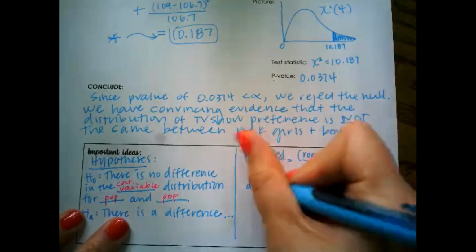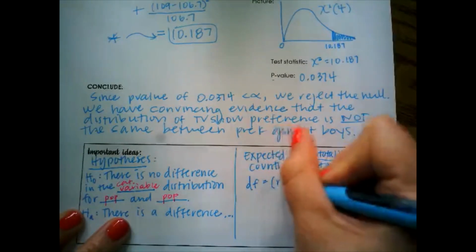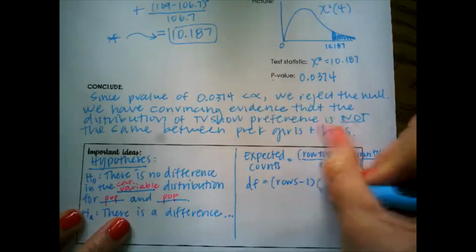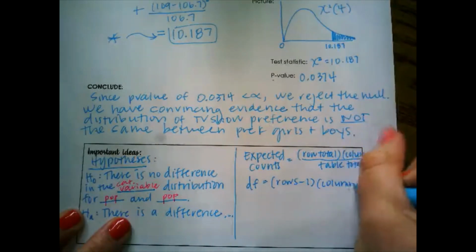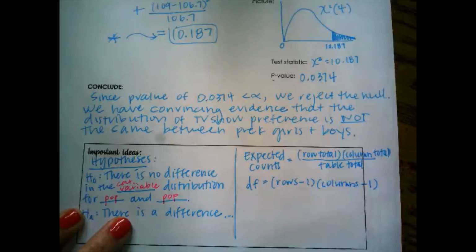Your degrees of freedom is just the number of rows minus 1 times the number of columns minus 1.